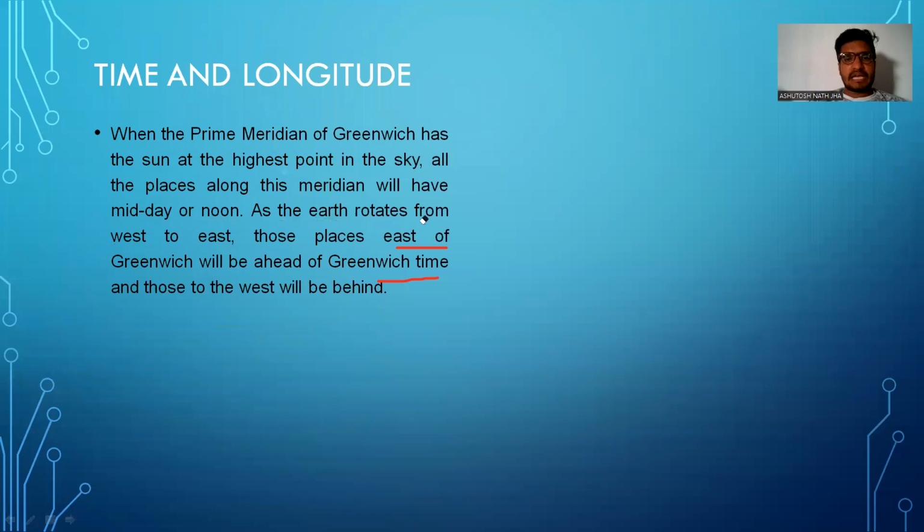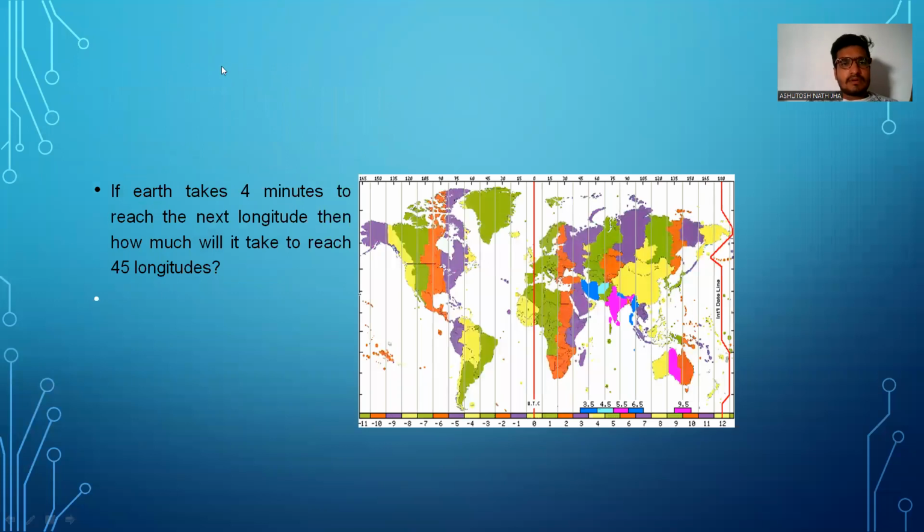So these are time and longitude. Now, if the earth takes 4 minutes to reach the next longitude, then how much time will it take to reach 45-degree longitude?